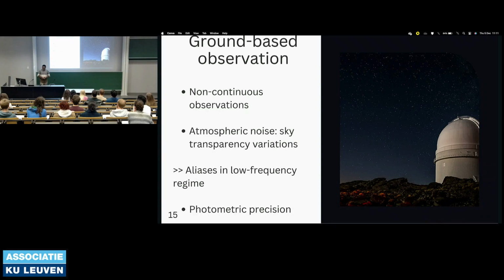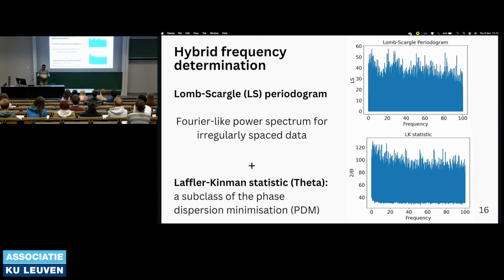And these points lead to low photometric precision for ground-based data compared to space photometry. The approach we used to address this challenge is the so-called hybrid frequency approach, which combines the Lomb-Scargle periodogram with the Lafler-Kinman statistic. This is a subclass of phase dispersion minimization, but it is designed to deal with scarce data.